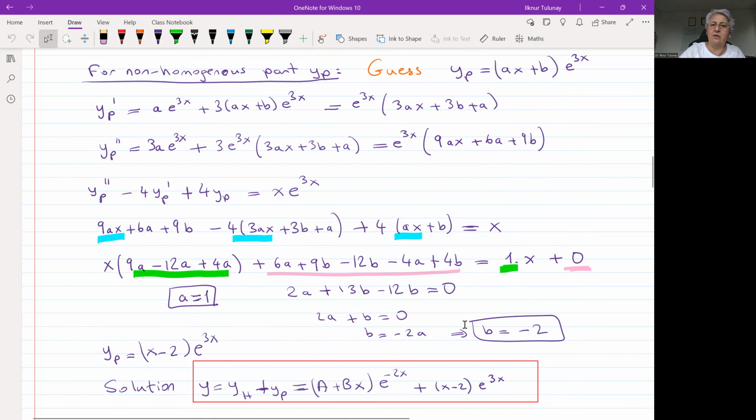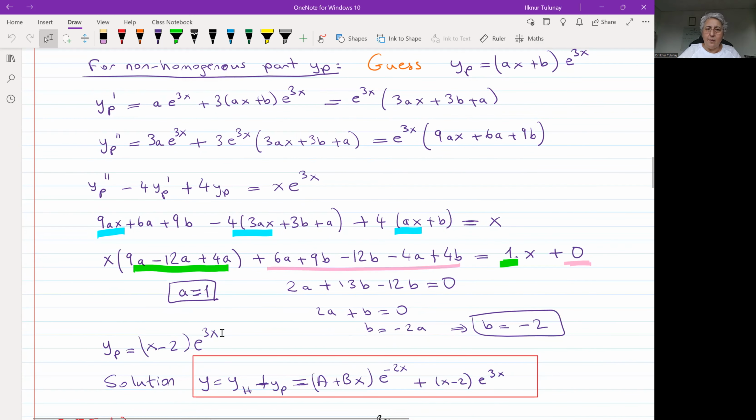I will write the left-hand side as x times something plus the constant term. That's the key idea, and it will help me find the constants a and b.